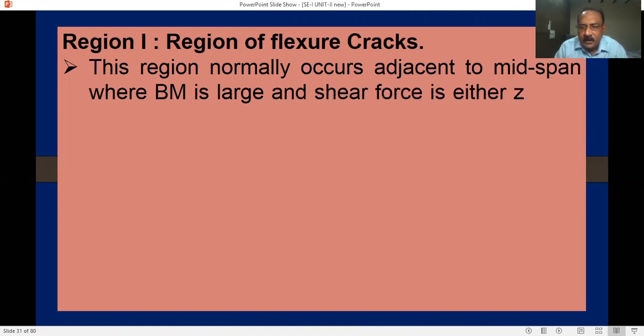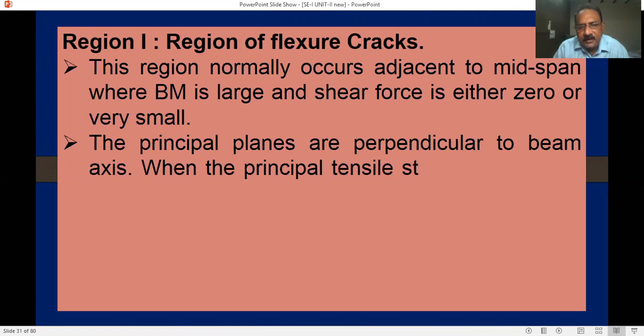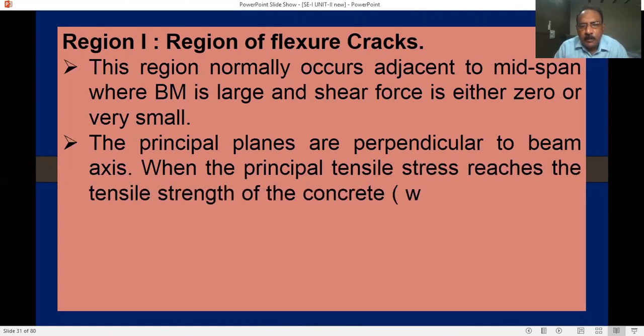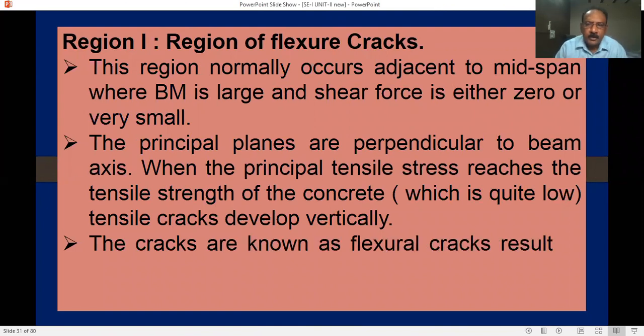Flexural cracks occur only at the midspan, and they are vertical tension cracks, because of maximum bending moment and minimum shear force. Shear force won't come into the picture, so the region 1 flexure cracks are due only to bending moment.